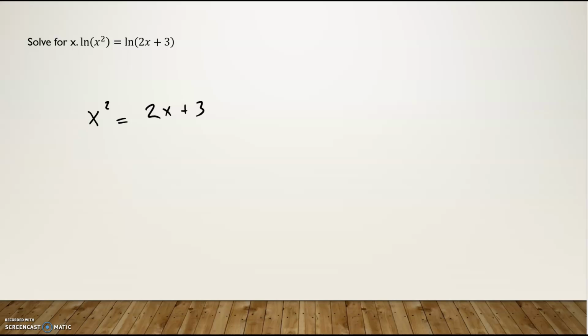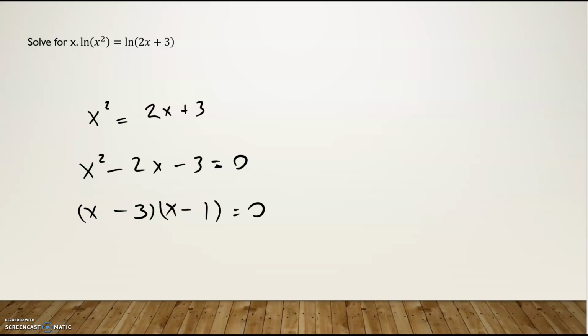Okay, so I'm going to try to factor this, so I'm going to move everything to one side. So we'll have an x and an x. It looks like a 3 and a 1. Negative 3 times 1 is negative 3, and negative 3 plus 1 is negative 2.